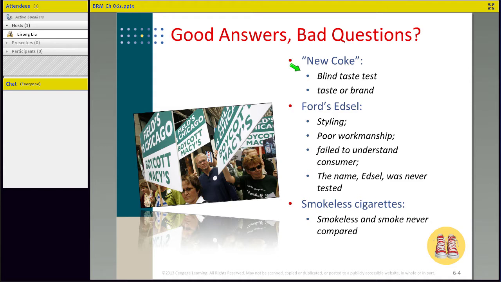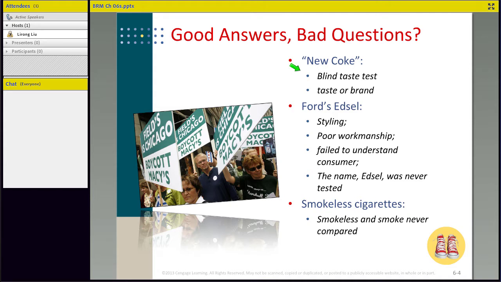So actually in this case, the management didn't view their research objective, or their decision making, correctly, such that they misled the research. And it turns out, they did conduct the research.